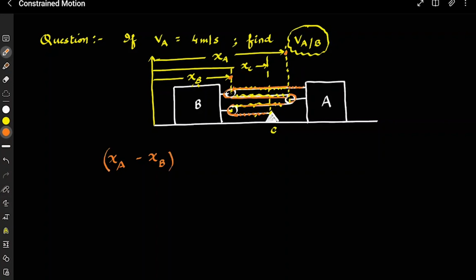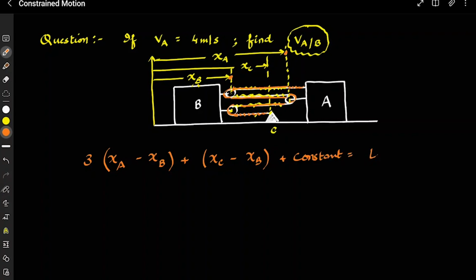So this 3 times plus xc minus xb. Okay, so this will give me plus constants will give me the total length. Okay, total length of this string.